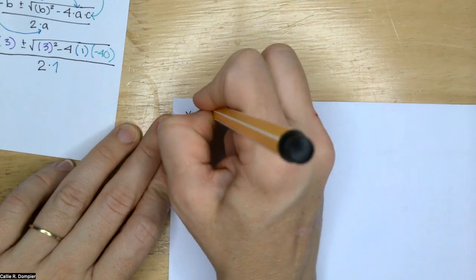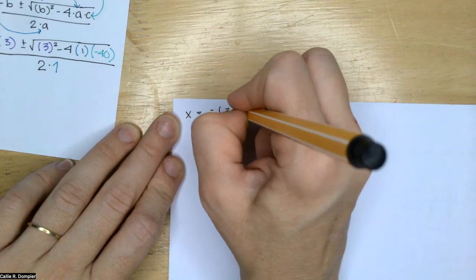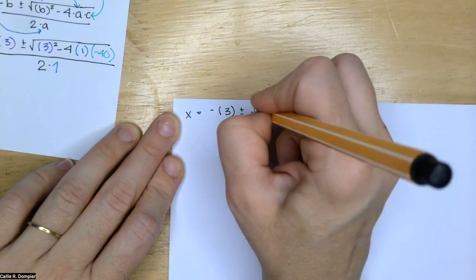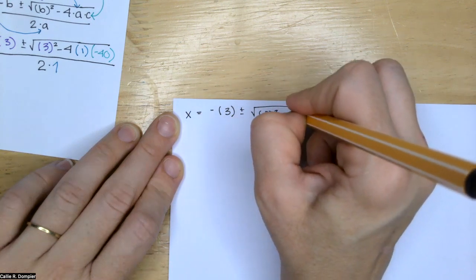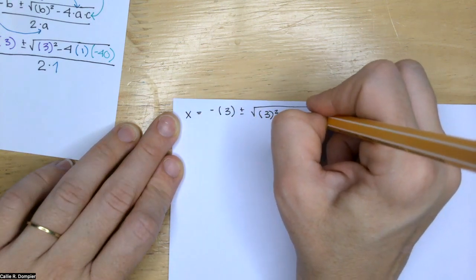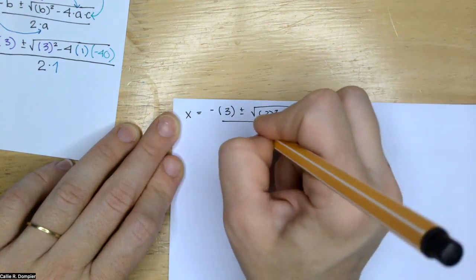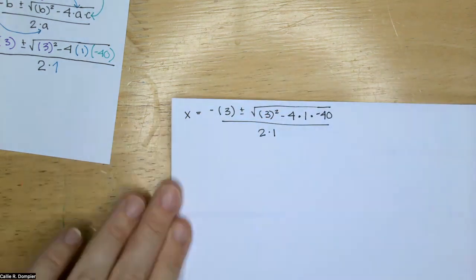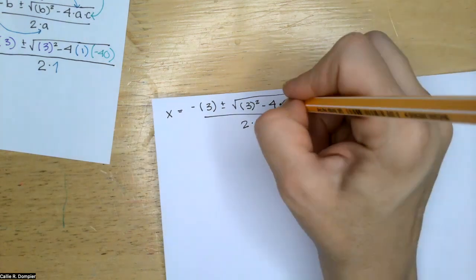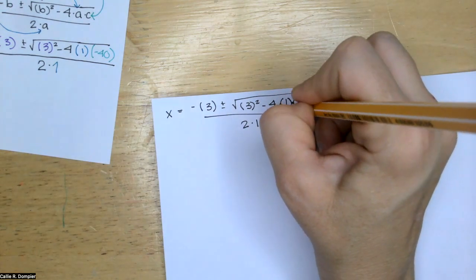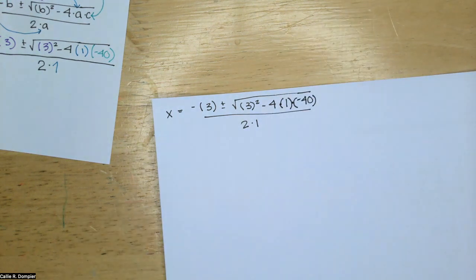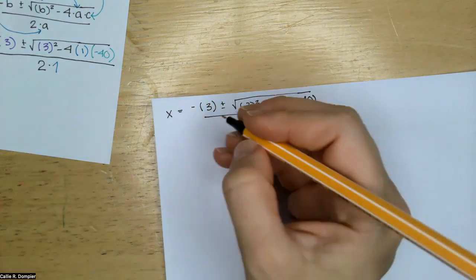X equals negative 3 plus or minus the square root of 3 squared minus 4 times 1 times a negative 40 divided by 2 times 1. Or you can put it in parentheses if you prefer that.